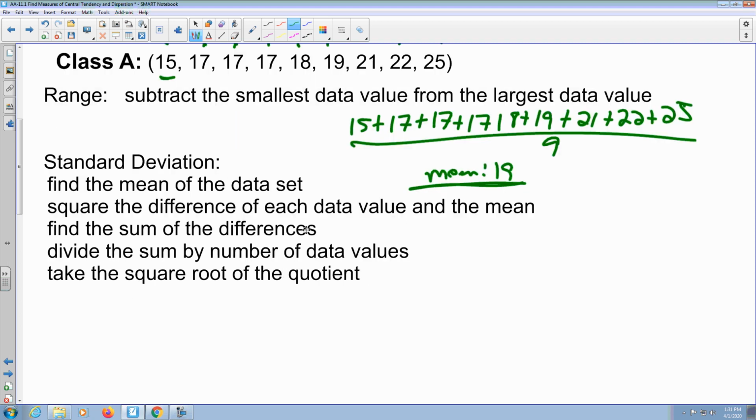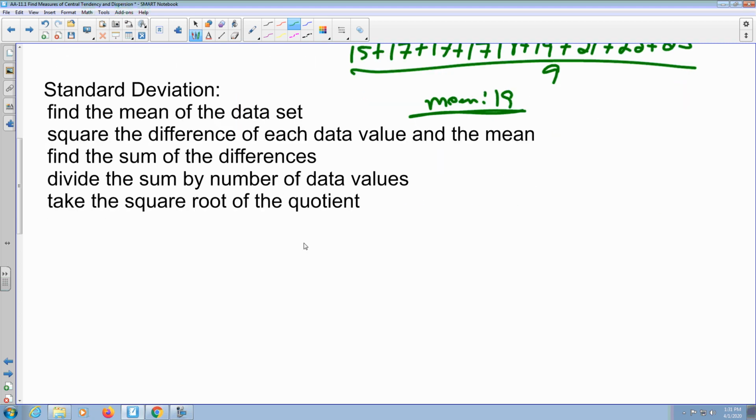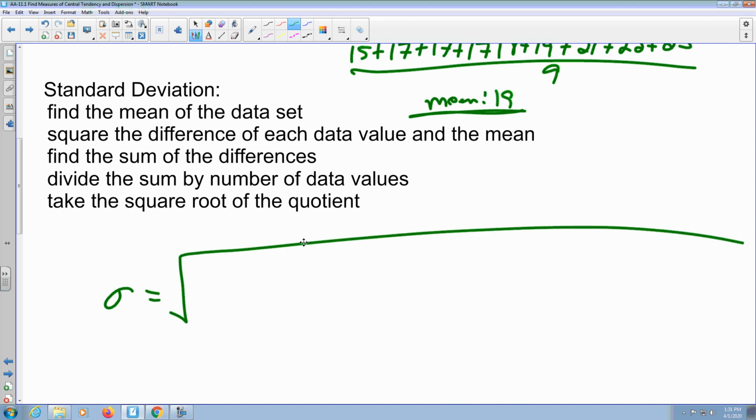In order to find the standard deviation, I take the first piece of data, which is 15. So 15 minus 19, squared, plus 17 minus 19 squared, plus 17 minus 19 squared, plus 17 minus 19 squared.